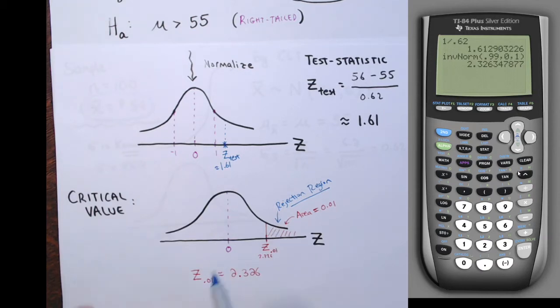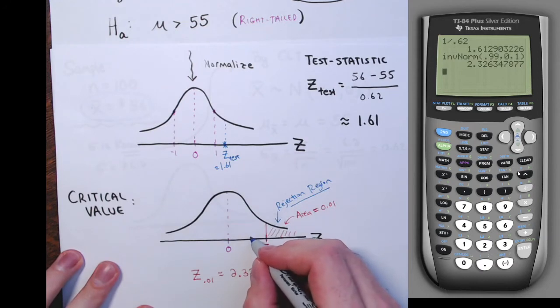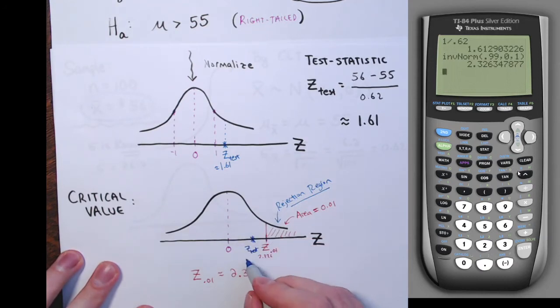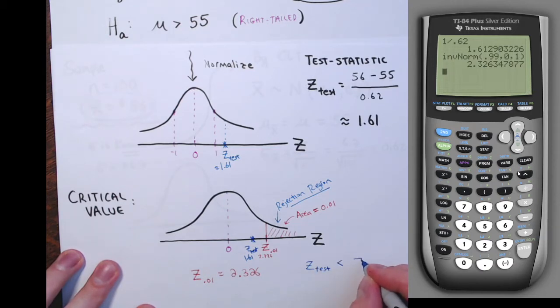Well, let's see. Remember, our test statistic ended up having a z-score of less than that. It was 1.61. So not in the rejection region. Z test here is less than our critical value. So we're not going to reject. We're going to fail to reject the null hypothesis.